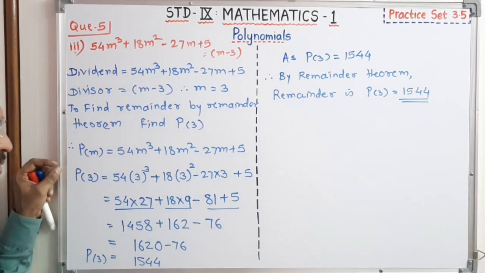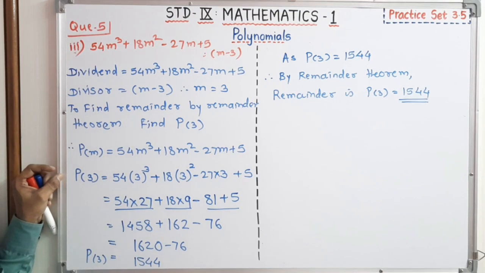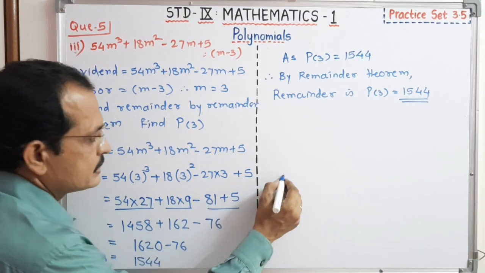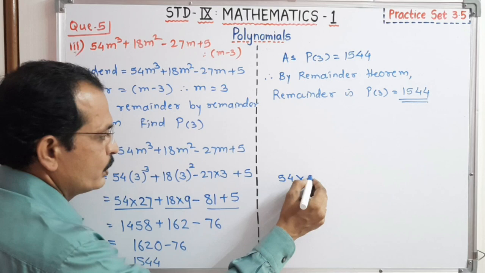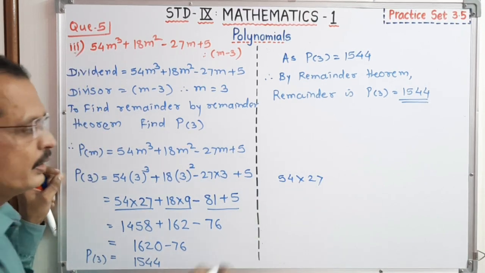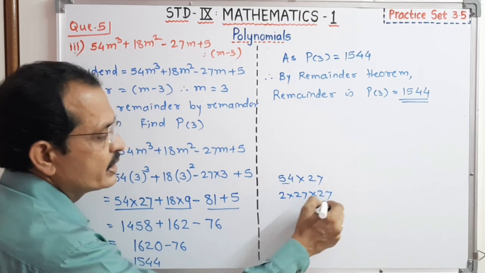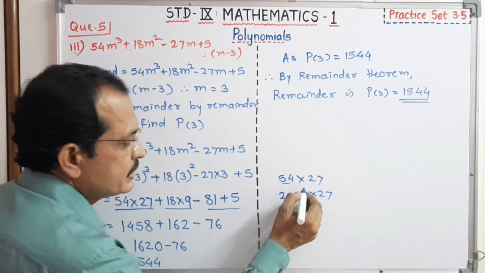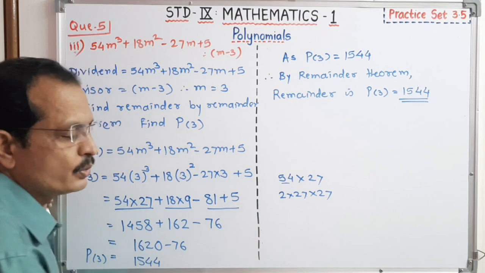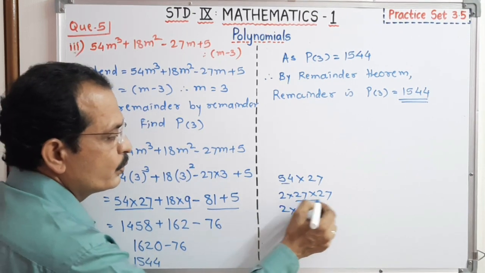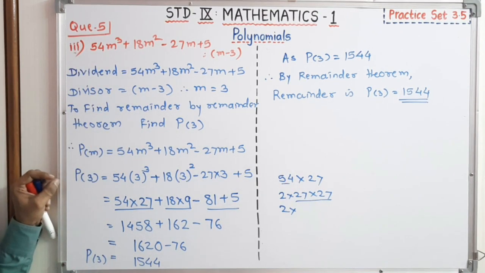Got it? Dear student, for this calculation, see here, it is 54 into 27. 54 is 2 into 27, so it is 2 into the square of 27.